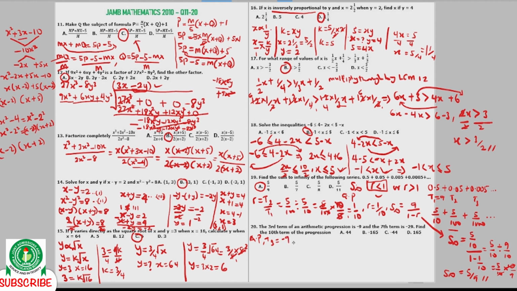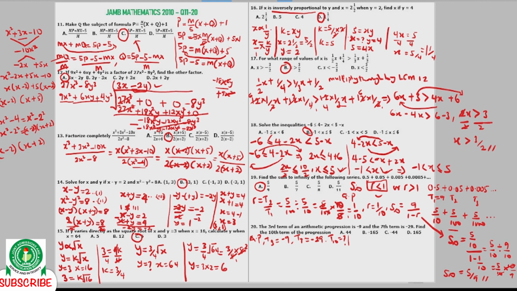And the seventh term, T7, is minus 29. So the T3 is minus 9, and the T7 is minus 29. From here, find the 10th term. We are asked to find the 10th term. So that's the question. Now, where do we start from here?